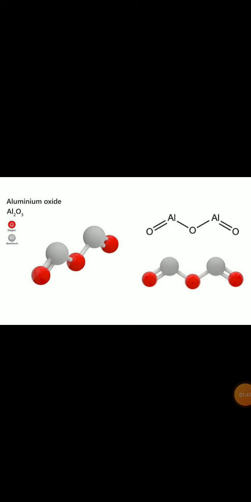These displacement reactions are highly exothermic. The amount of heat which is evolved is so large that the metals are produced in the molten state, which means in liquid state. Let us take another example.